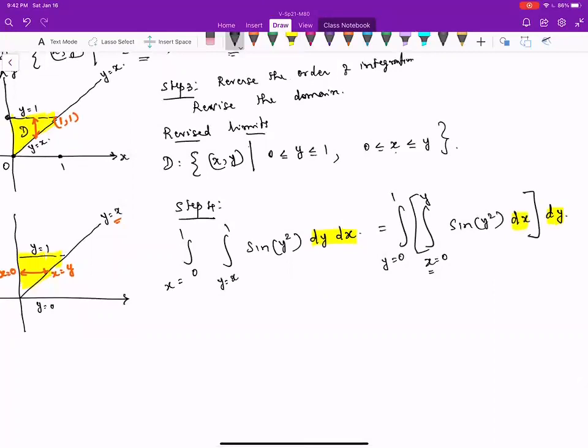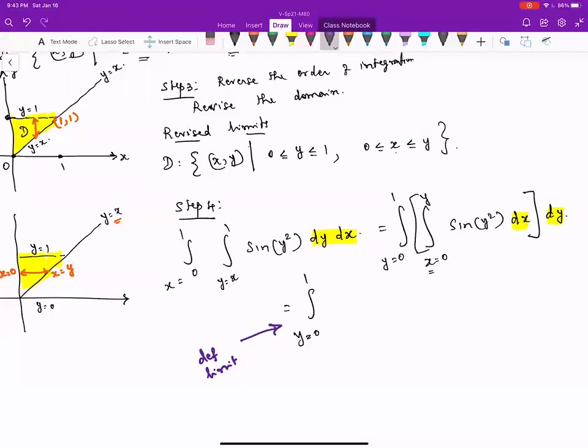What is the advantage? Will we be able to integrate now? Y runs from 0 to 1, just definite limits. Now I have to integrate sine of y square with respect to x.